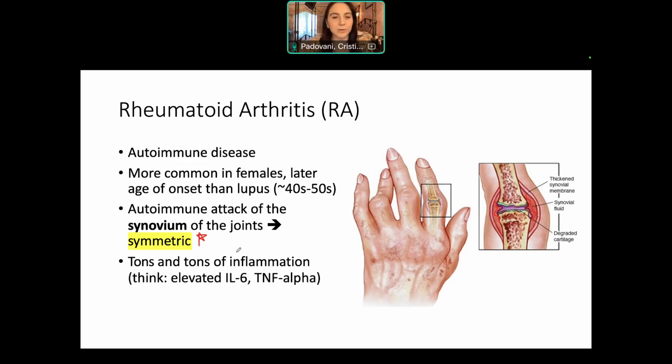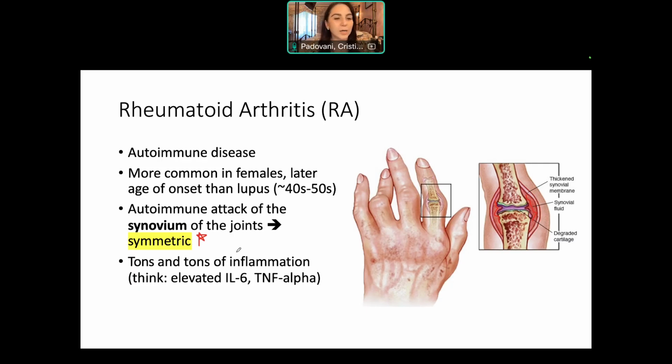I didn't mention this earlier with lupus, but the joint pain that you see in lupus, you tend to see in the bigger joints, and it's usually unilateral, not symmetric. Not saying that it can't be, especially if they want to be really tricky, but usually in vignettes, for lupus it's going to be one joint, usually a bigger joint, like the knee. Rheumatoid arthritis, it's usually going to be symmetric. I have seen questions where it's not symmetric, but for purposes of M1, M2, it's going to be symmetric and in the smaller joints of the body. So usually it's always the hands.